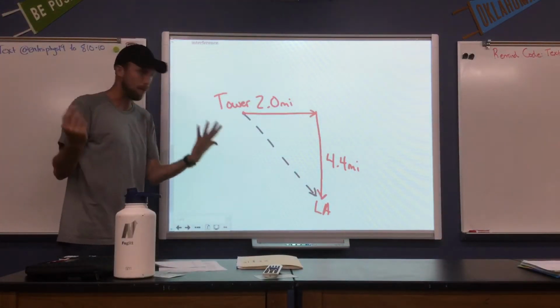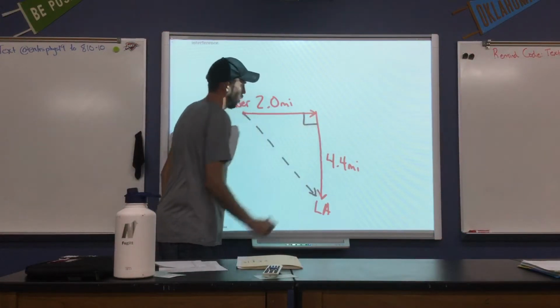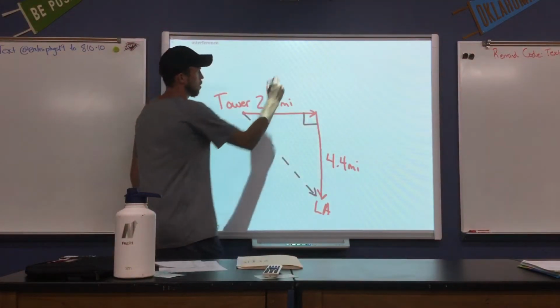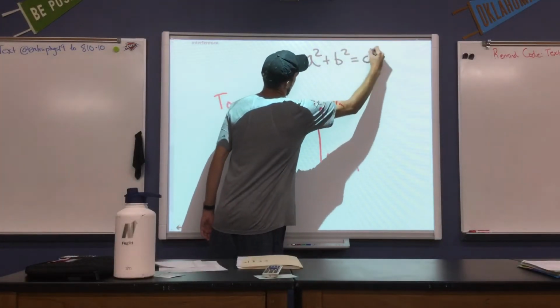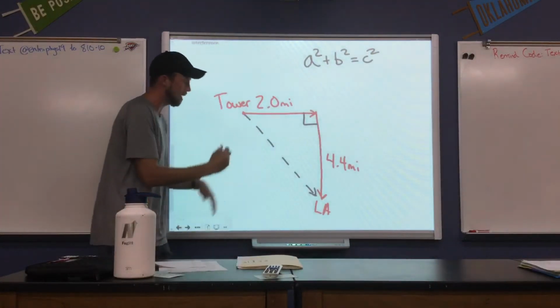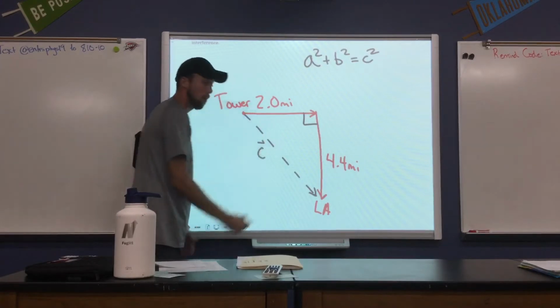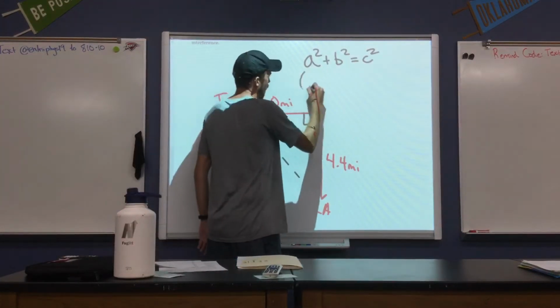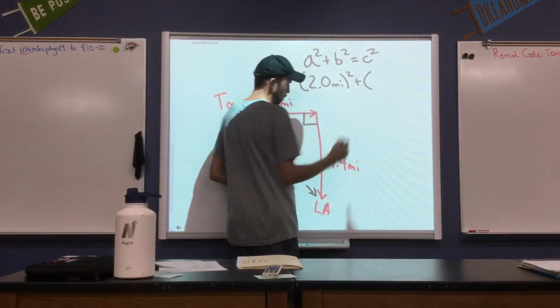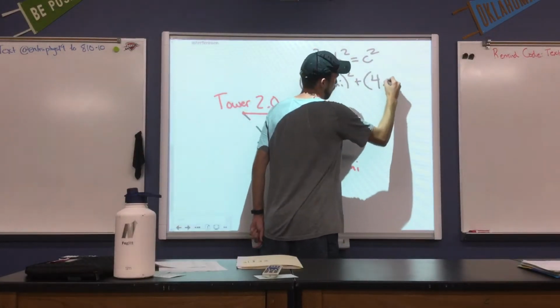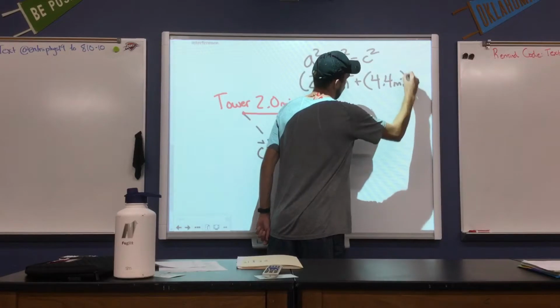And lastly, we will find our overall displacement. So again, just like before, we're going to use the Pythagorean theorem. A squared plus b squared equals c squared. Does not matter which side we call A and B, C will always be our hypotenuse, our longest side. So A, let's say, is 2 miles squared. B, we'll say, is 4.4 miles. Again, we can call that negative as well.